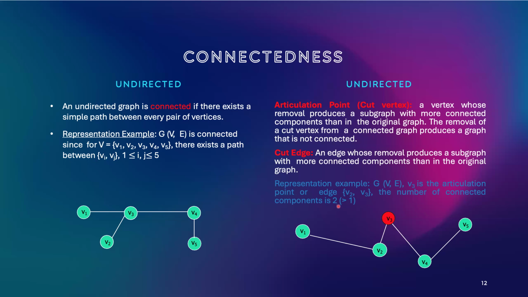So in this representation example, in this graph G over here, V3, this red one, is the articulation point. And for instance, edge V2, V3 is a cut edge because the number of connected components is 2 in both cases, which is more than 1 if we take the graph by itself, right?